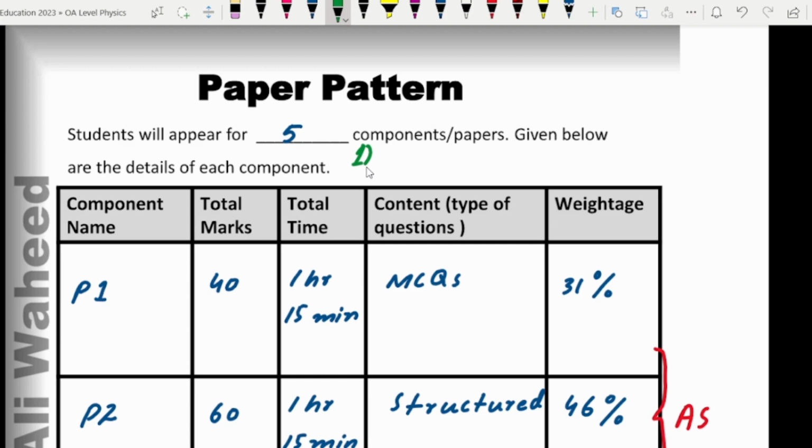Even for paper 1, you have 2 to 2.5 years. You give your exams in your final year of IGCSE, and by that time you have done a lot of practice of that paper, and that's the only reason it appears easier compared to paper 1 of A-level physics.